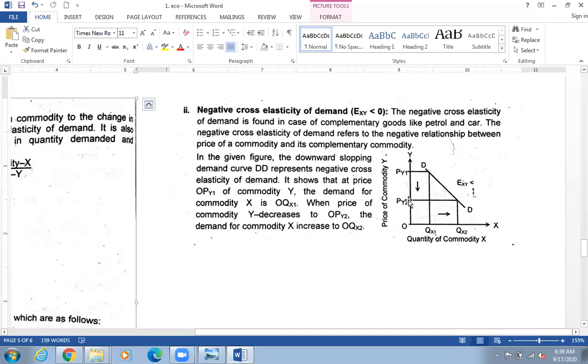Because पेन धेरै किन्न थाल्यो. ओके, सो जब पेन नै धेरै किन्छ भने इङ्क पनि त धेरै चाहियो नि त.